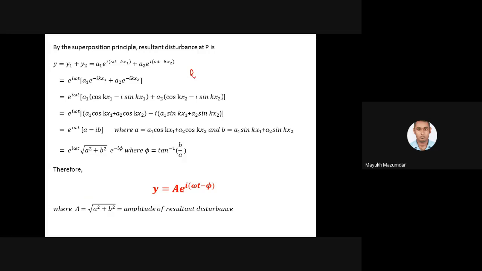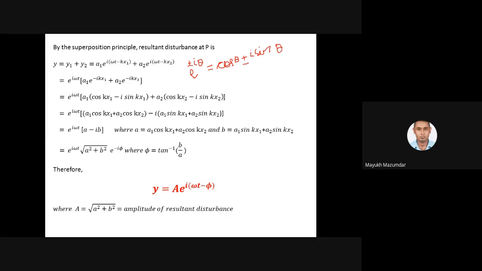e to the power i theta is written as cos theta plus i sin theta. Actually, the general formula is e to the power plus or minus i theta equals cos theta plus or minus i sin theta.